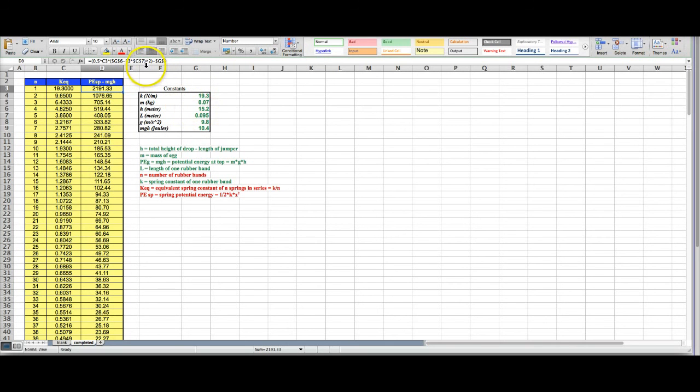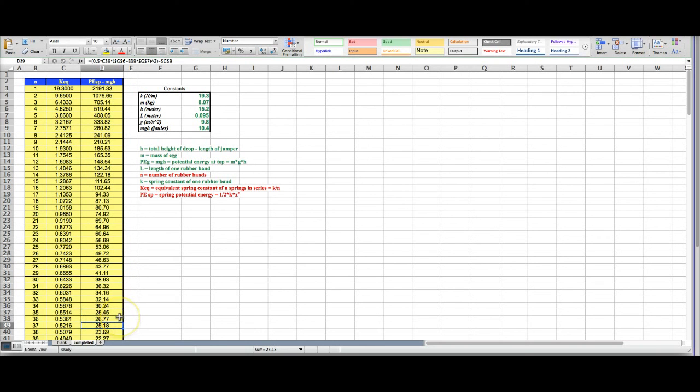Okay, so we have a good height of what the actual stretch is, and then you've got that square term, and then minus G9, which is our mgh right here. And you can see that as the K changes, as we increase the number of rubber bands, the difference between the spring potential energy and the gravitational potential energy goes down.